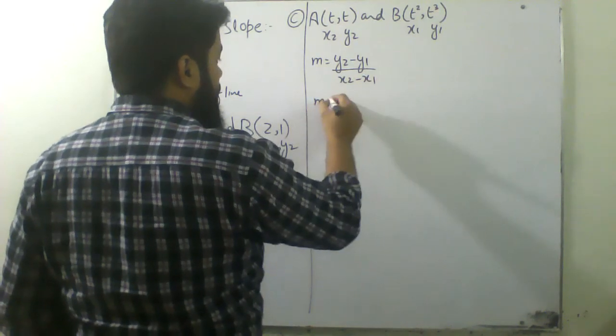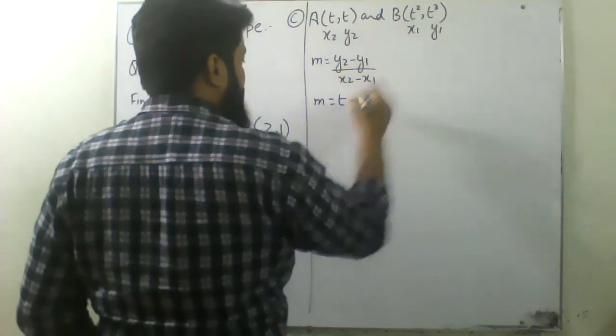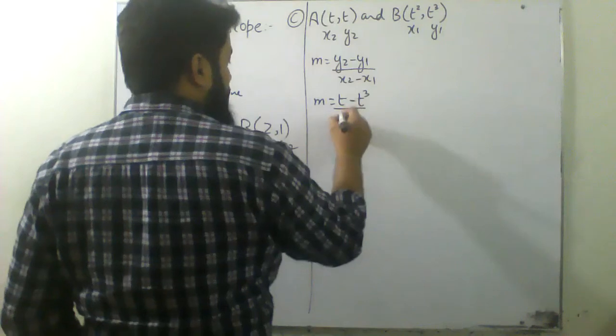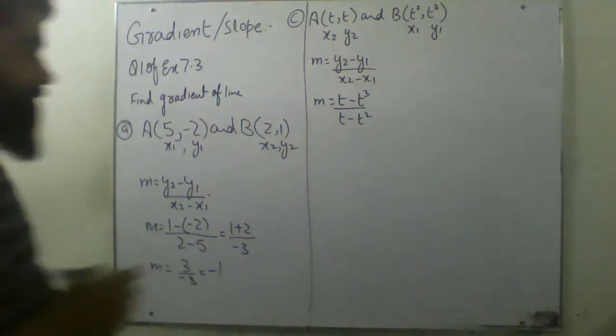M equals, what is y2 given to me? t minus t cube over x2, t minus t squared, right?